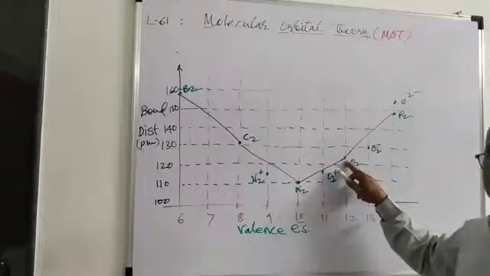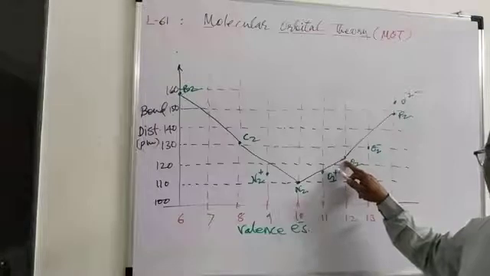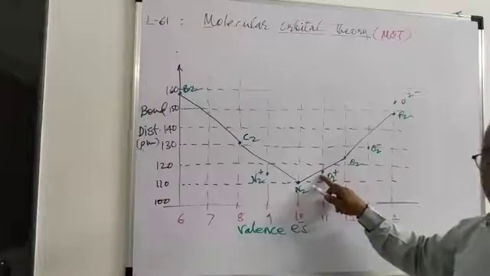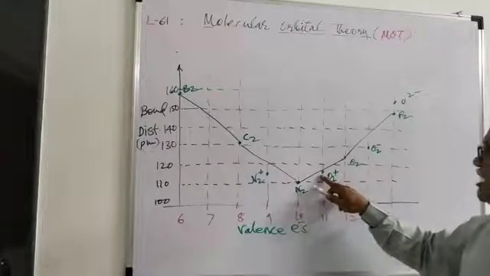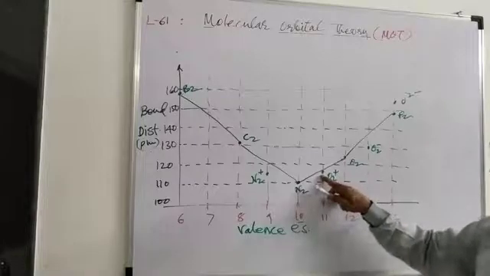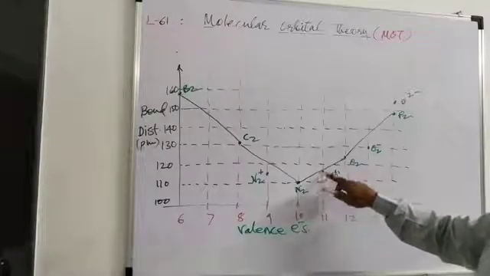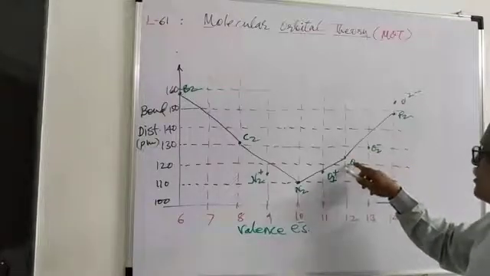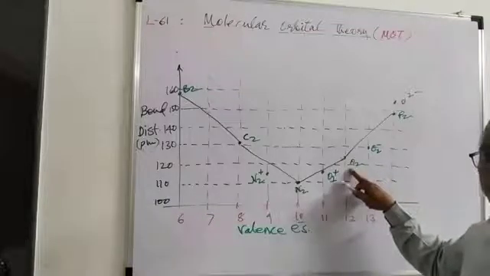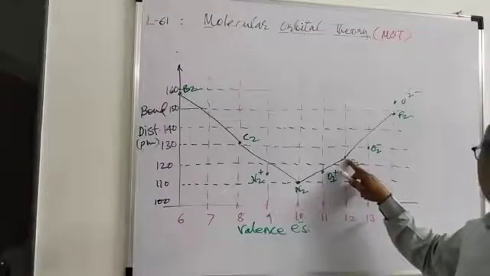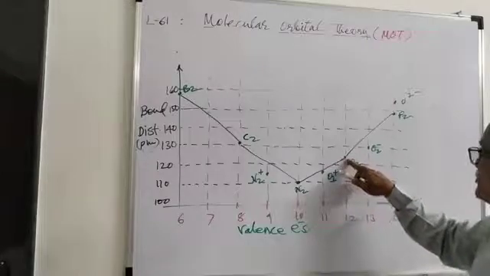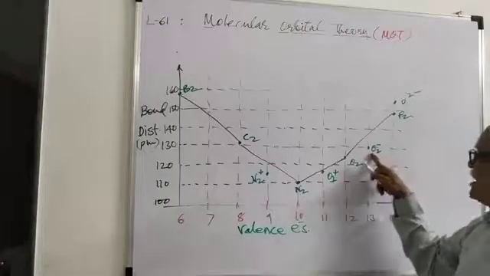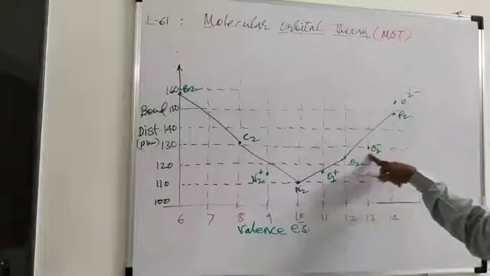In case of oxygen, there are 2 unpaired electrons in antibonding pi molecular orbitals. Out of that, 1 electron is removed, so the bonding effect is enhanced, and therefore the bond distance decreases. And as we move from O2 to O2 minus, we are adding 1 electron to this antibonding molecular orbital. So the antibonding molecular orbital of O2 minus contains 3 unpaired electrons, as a result of which the bond order again decreases and it becomes 1.5.